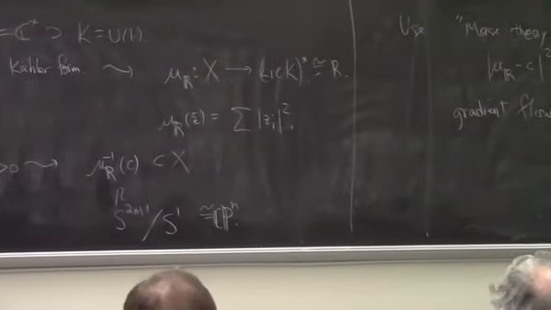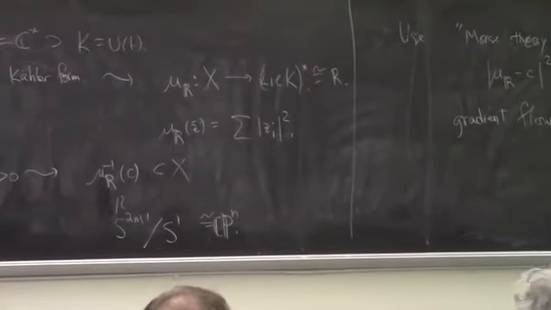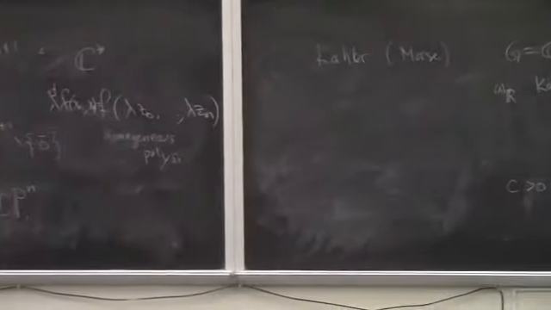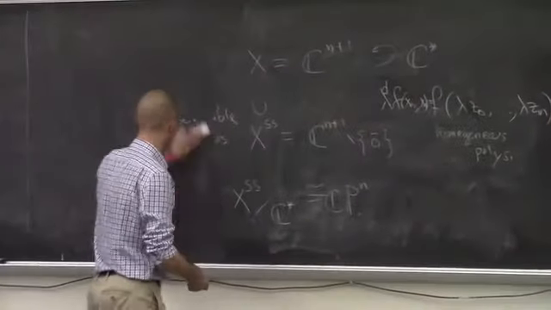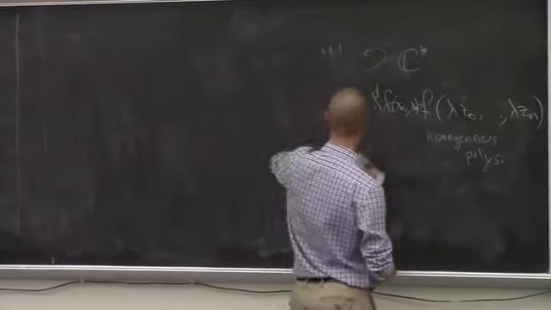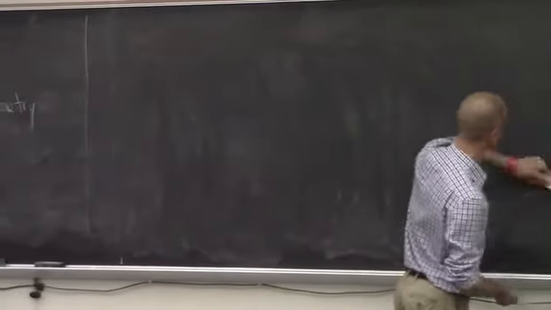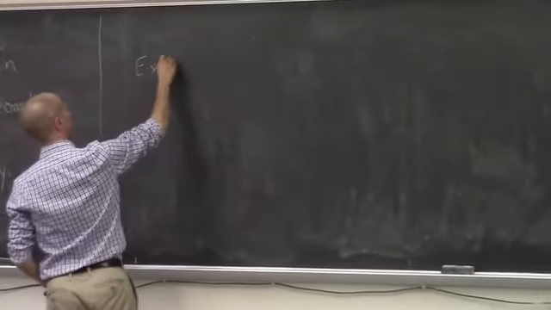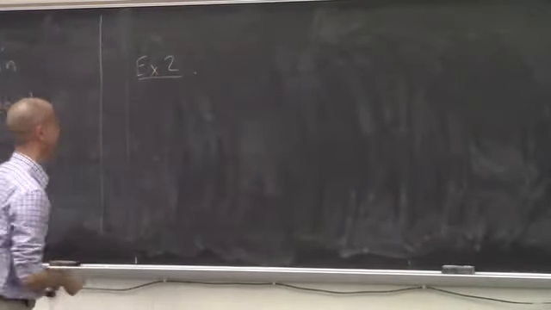Okay. So let me give one more example of this procedure of taking a space with a group action and picking a nice subset where I can take a quotient. So this is, I would say, less of a toy example.